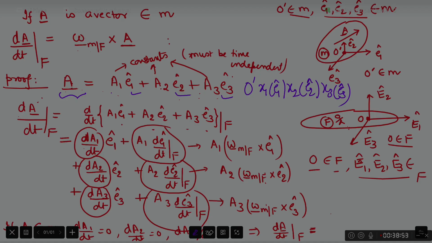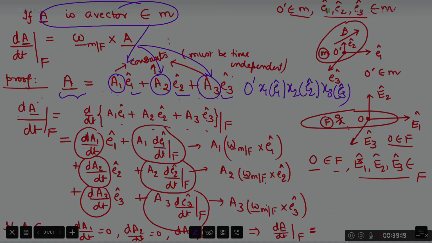Now, if this vector is fixed in M, in that case, these three scalar components must be constants. Only then will our M-fixed observer not see any change in the vector. So this assumption leads us to the conclusion that these three scalar components must not be changing with time. We will use this realization in a little while.